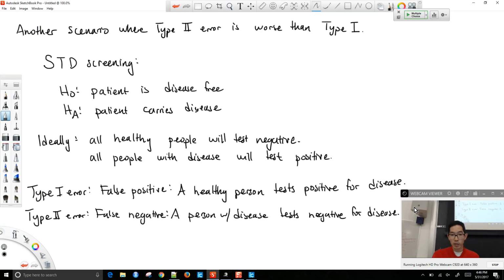Okay. Now, both of these scenarios we want to avoid. A false positive sucks for the healthy person. But generally, if you test positive once, a lot of times you might be retested just to make sure it wasn't a false positive.